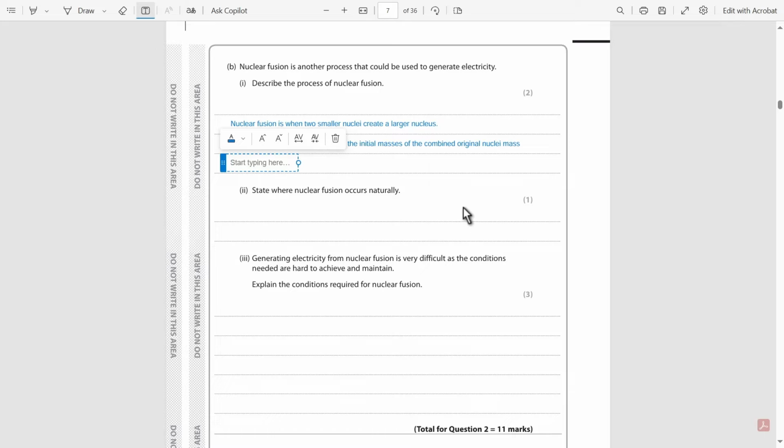Okay, then we say this loss of mass is released as energy. There we go.